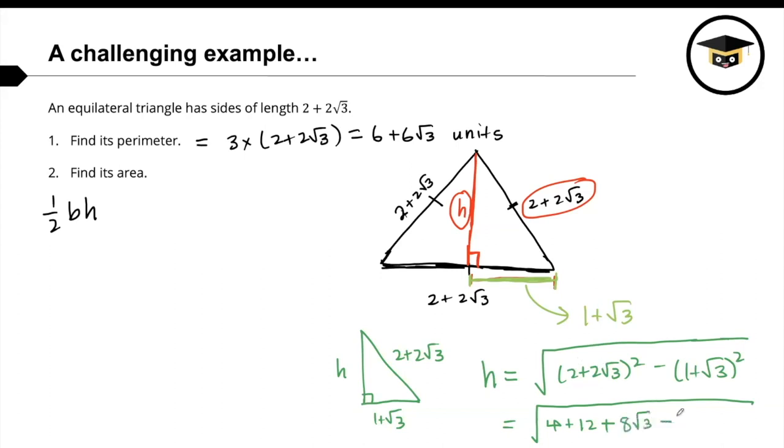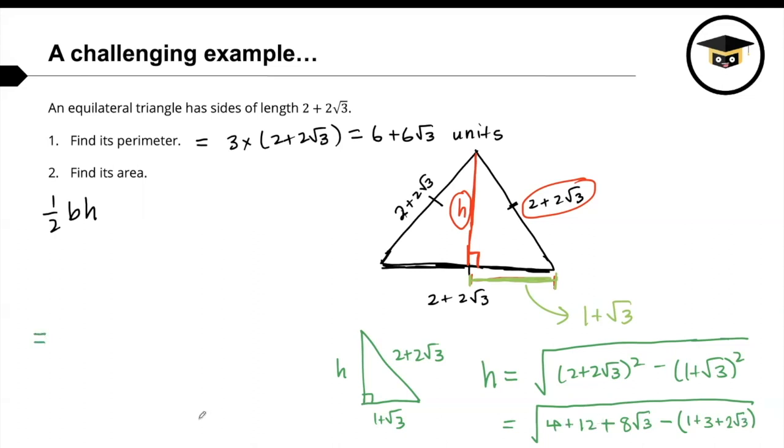And then minus, now we do the same thing. So square the first thing, which is 1, square the second thing, which is 3, and then plus 2 times the first thing times the second thing, which is going to be 2 times 1 times root 3, which is 2 root 3. And I'm running out of space here, so I'll just bring it over here.